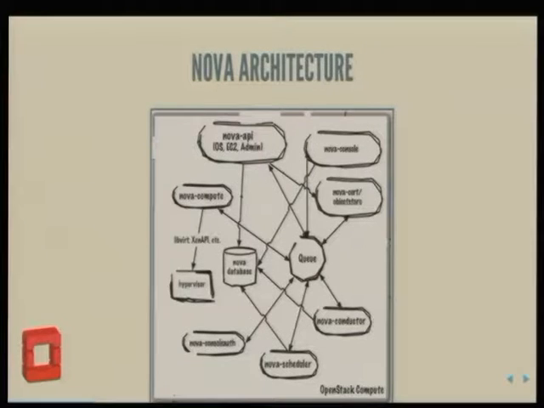This is a brief slide of the architecture, and the important thing is that there's an API that accepts requests, and then there's message queues, so most of the stuff is asynchronous. The interesting thing here that I'm going to be talking about a little bit more in detail is the Nova scheduler and how that presented some challenges for us, and this is actually in the next two slides.